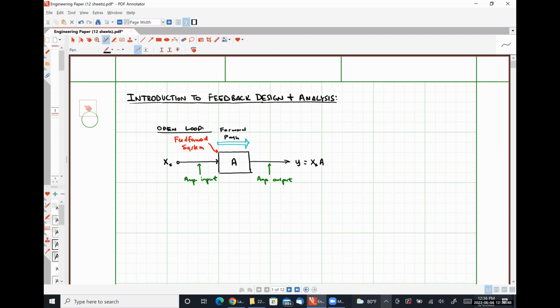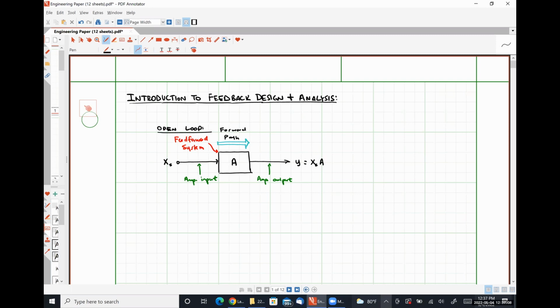And I'm doing this intentionally generically because in this class, we are going to be dealing with lots of different types of amplifier circuits. What I mean by that is we might have input signals that are voltages, output signals that are currents, input signals that are currents, outputs that are voltages, and every combination in between. Okay? So we're approaching this very, very generally.